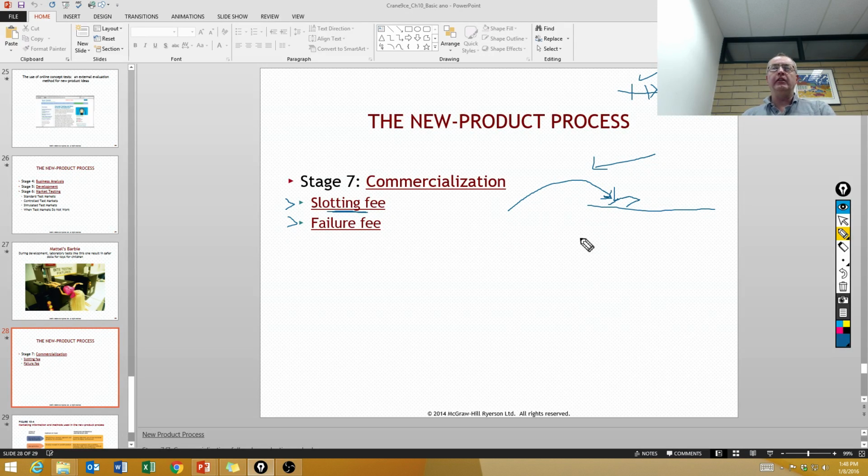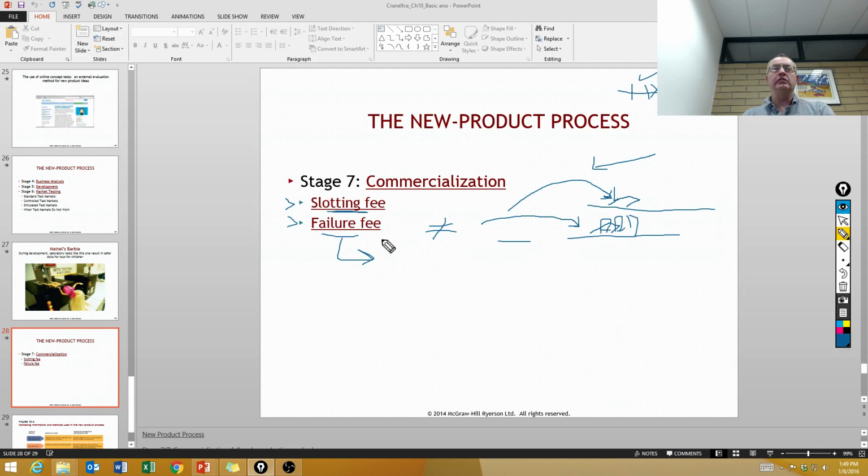And if the retailer is interested in the product but they're not really convinced that it's going to succeed, they might say to the manufacturer, "Okay, tell you what, we'll allow you to put your product on our shelf. However, if the product does not sell a certain volume, then you need to pay the retailer a failure fee," because the retailer knows that if they left the original product on the shelf there, they can make a certain amount of money.